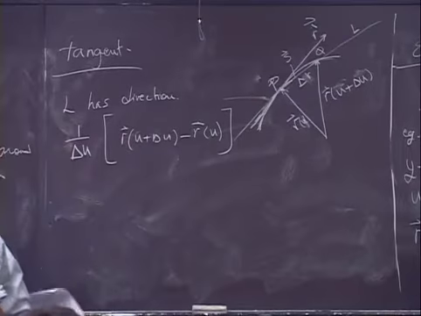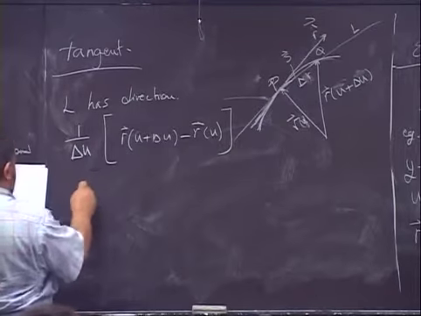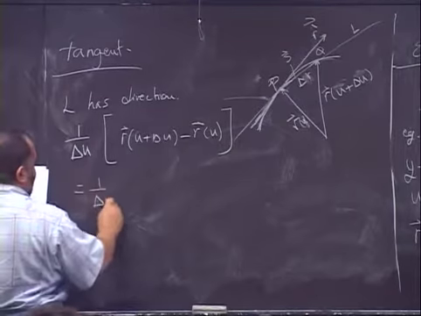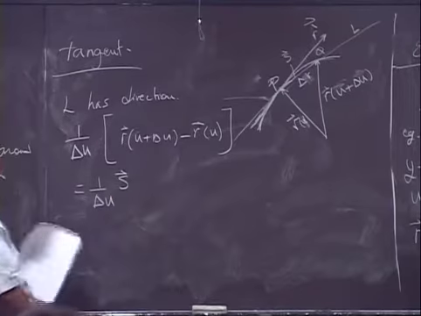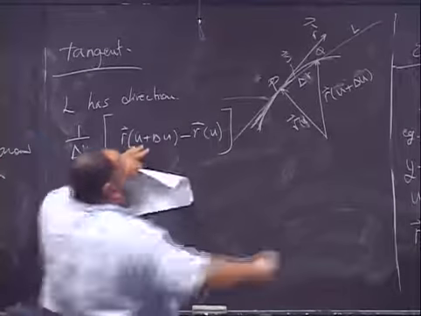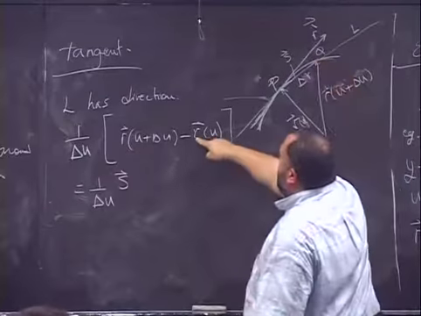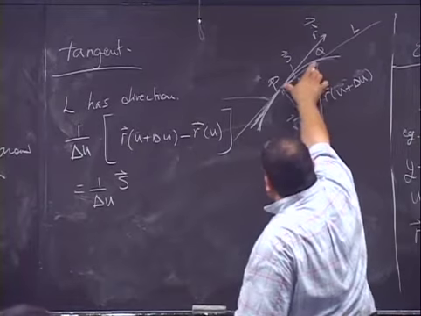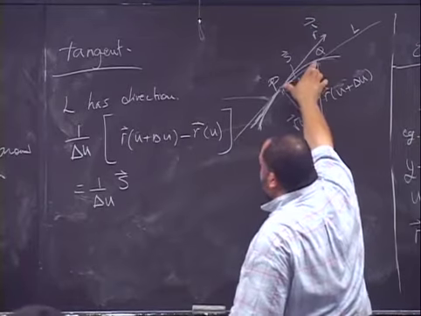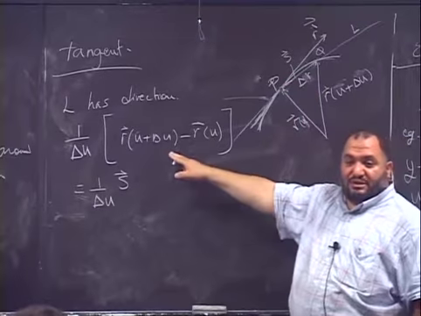So this is equal to 1 over delta u multiplied by S, the direction of S, because r at u plus delta u is this point, minus r of u is this point, so this is S, the direction of S. So this vector is the S vector.